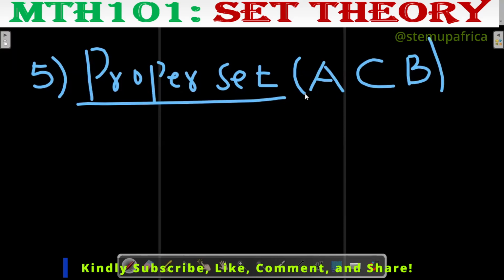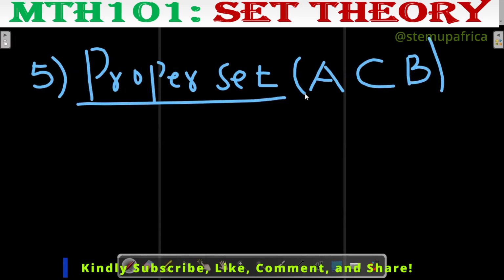Can you tell me the difference in terms of their representation? How do we represent the proper set? The symbol doesn't have the underlining under it, exactly. So that's the difference from the subset.